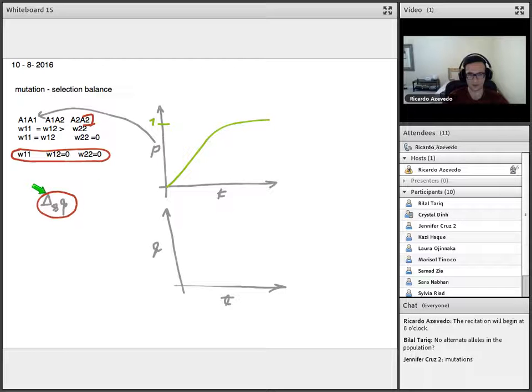So if we have, let's say, 50% Q at the beginning, it's going to go down, down, and eventually to 0 according to this slope, right? That's when you have no mutation whatsoever. If you had mutation, you're going to have a change. You're going to have a different source of Q, which is not going to be negative.